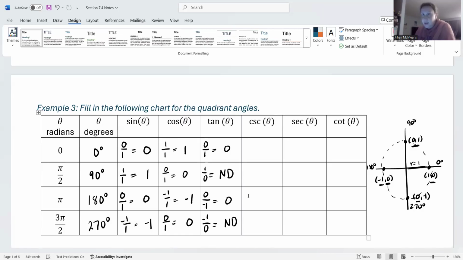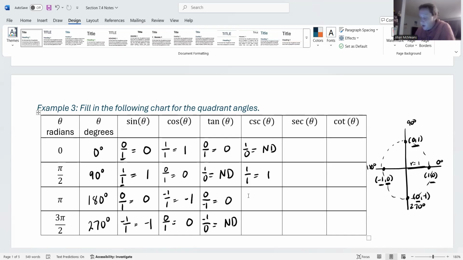Now, cosecant is always going to be the reciprocal of sine, okay? So if we're looking at sine here, we want 1 over 0. So cosecant of 0 degrees is not defined. If we look at 90 degrees, we have 1 over 1 for sine, so the reciprocal is still 1 over 1. So cosecant of 90 degrees is 1.